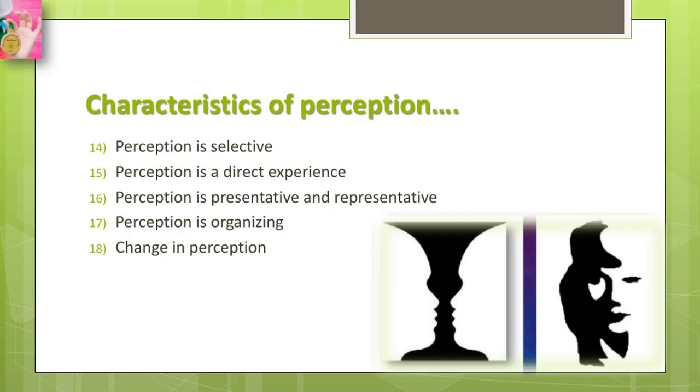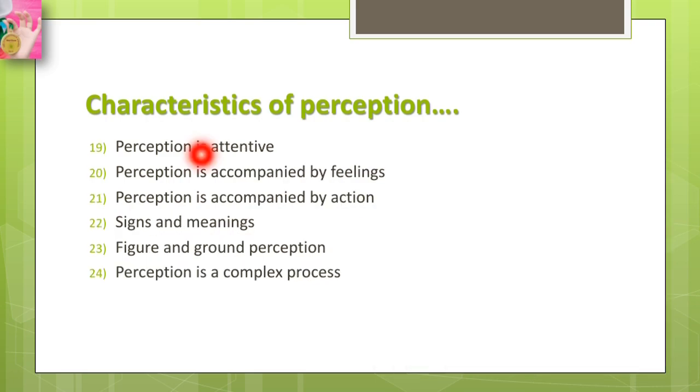And about the change in perception, perception is also characterized by change, and change is the basis of perception. Now, change in events and things facilitates perception. Then perception is attentive.